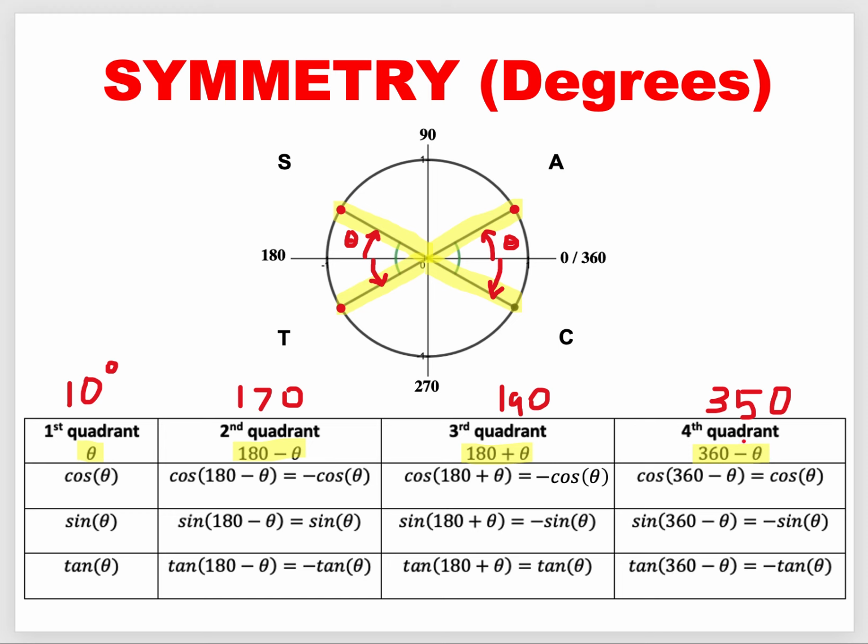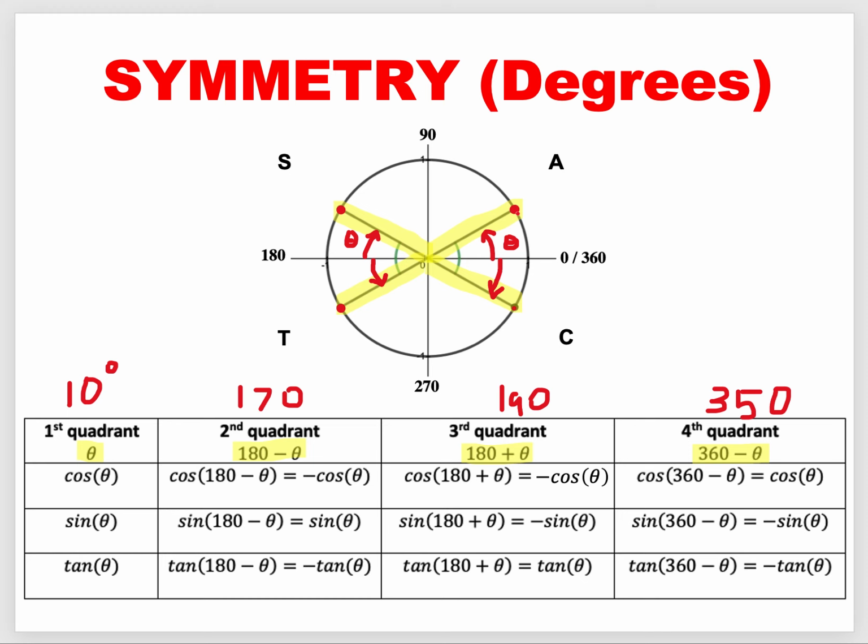The idea would be that all of those four points, when we consider their coordinates on the unit circle, the first point will have a positive x and positive y value. All the other three points will have the same x and y values, just some of them will be negative because of the symmetry of the unit circle.